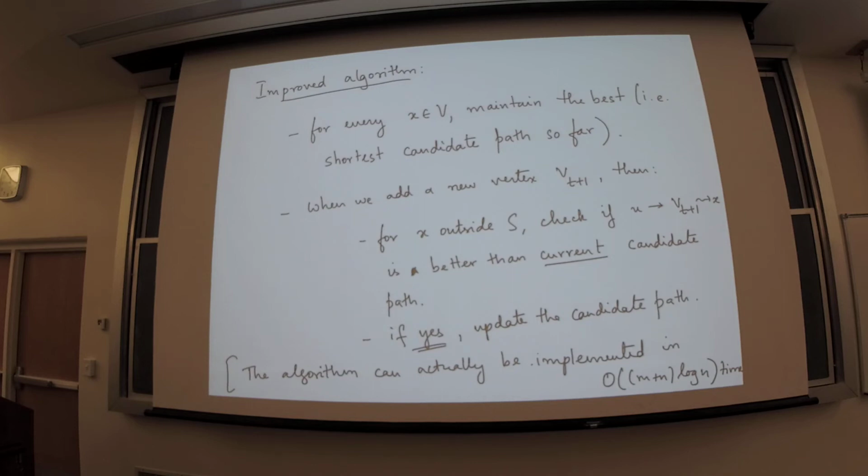But you could in principle also maintain both by maintaining just where this path came from. Okay. You could say that this is the value of the best path so far, maintain that quantity. And you also maintain a second quantity, which is what was the last step on the candidate path so far. Okay. And if you maintain that for every x, then you can say that the last step on the best path so far was vt plus 1, and then now you go to vt plus 1 and see what was the last step on the best path for vt plus 1, and you keep going.